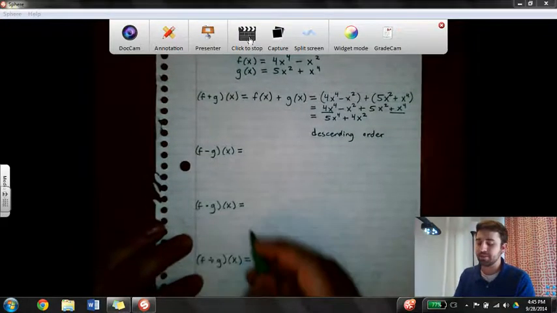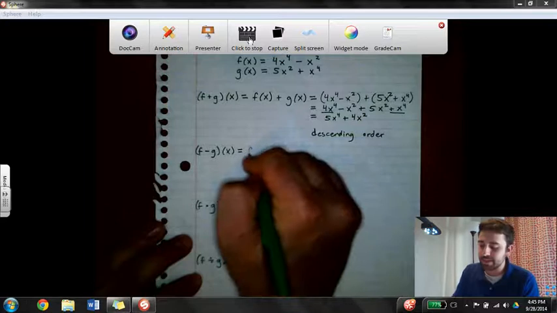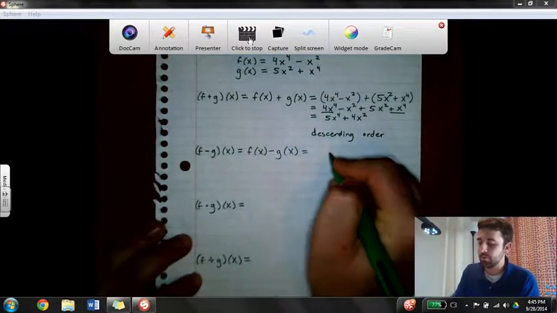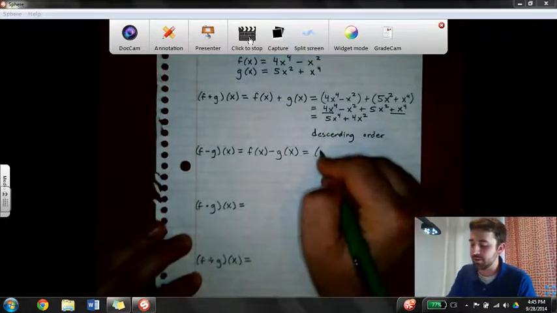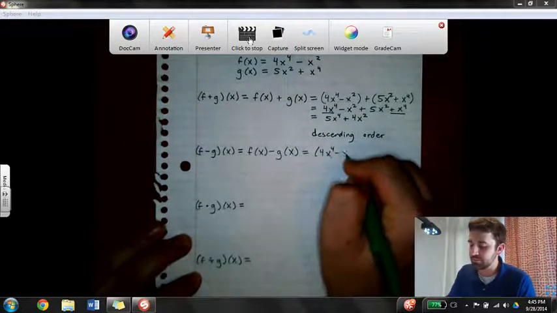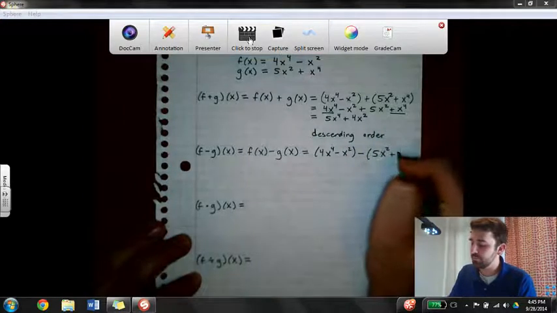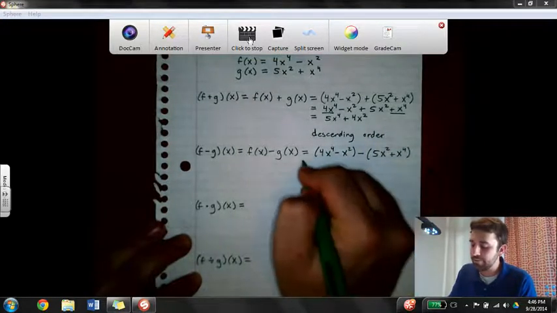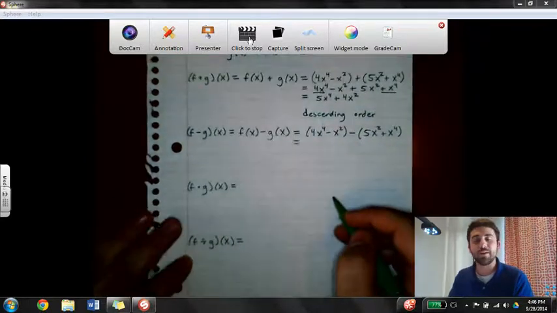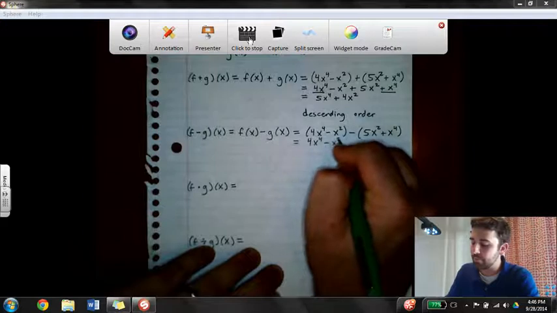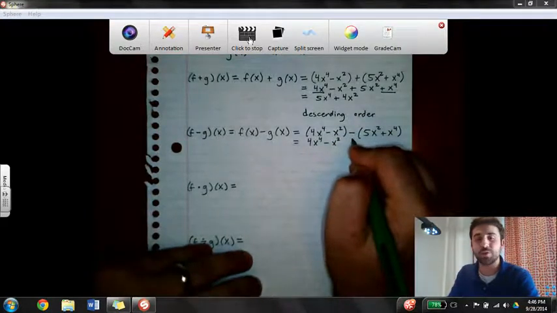Now when I'm subtracting, once again, this is the same as saying f of x minus g of x, which we can substitute the equivalent expressions. However, the difference here is when I rewrite it without my parentheses, I come across this subtraction sign.